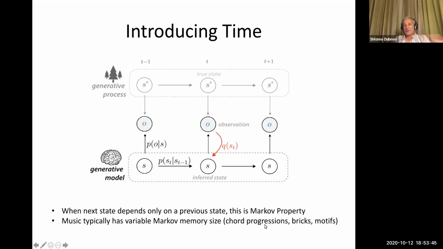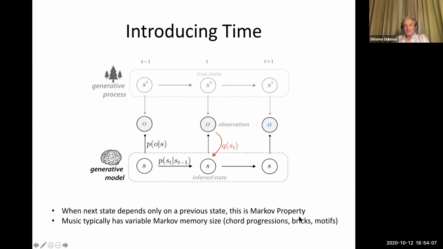And of course, chord progressions. You don't predict the next chord based on the previous chord alone. Depending on, of course, the specific musical situation, you might consider 2 or 3 or 4 chords before that to be able to decide how to follow.